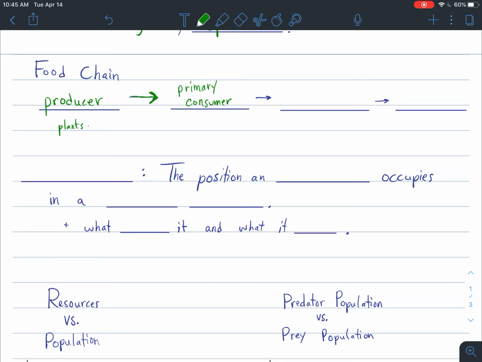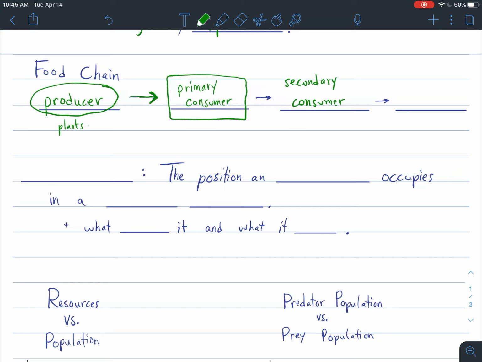So we go from producer, which let's just draw a shape around it to help us out here, to the primary consumer. Now to keep it simple, if you're one above the primary consumer, we'd say that now you're the secondary consumer, which means that this organism is going to consume the primary consumer.